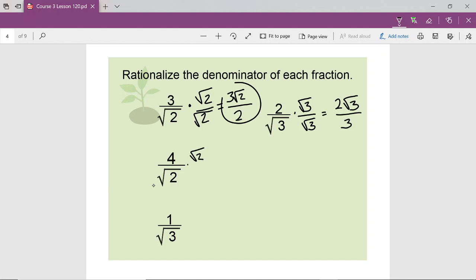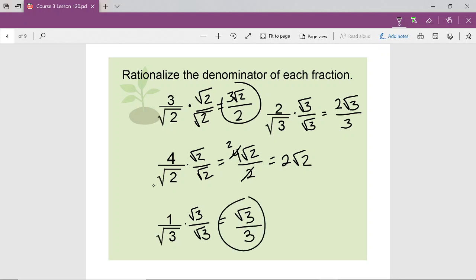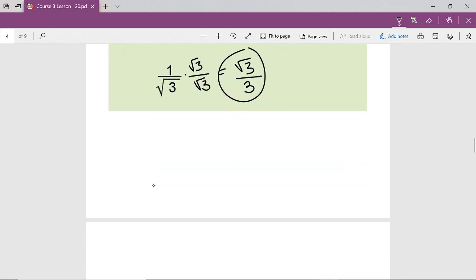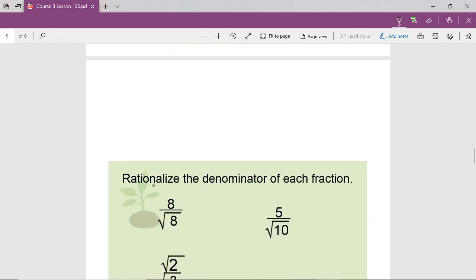I multiply by root 2 over root 2, I get 4 root 2 over 2, which can simplify to just 2 root 2. And lastly, root 3 over root 3 is the square root of 3 over 3, and I leave it just like that. Those are much nicer numbers to work with in math rather than our original numbers.